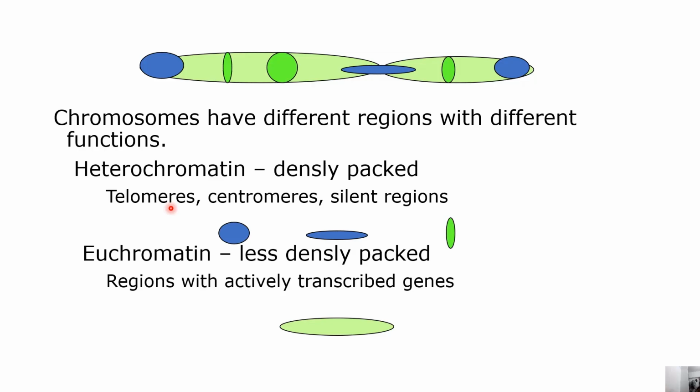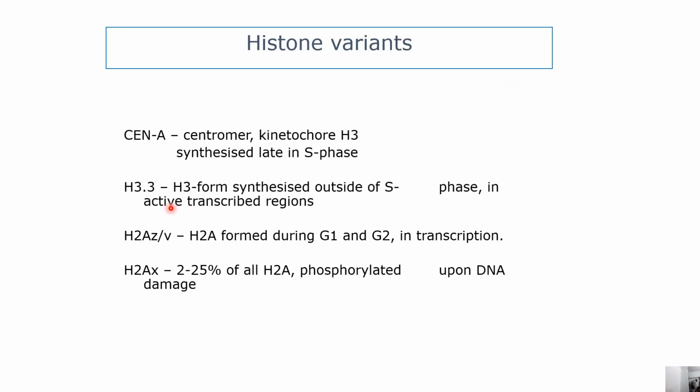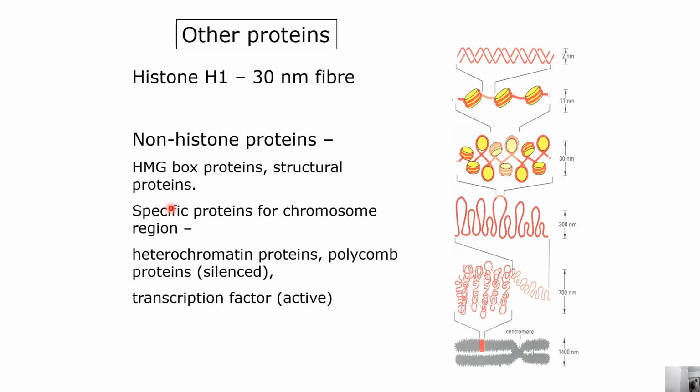Chromatin is densely packed in centromere regions, and less densely packed in regions that lack transcribed genes. There are also histone variants, like H3.3, which is enriched outside of the S phase in actively transcribed regions.